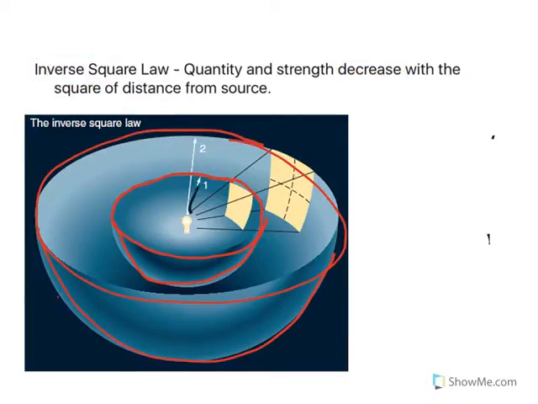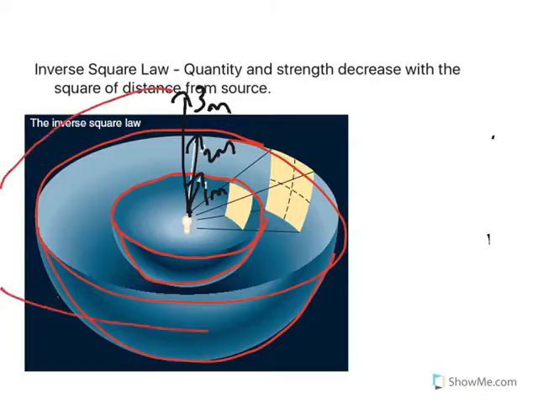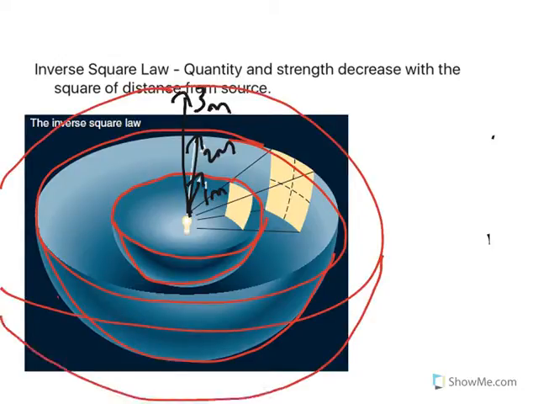Now let's say we don't look at the square at 1 meter and we don't look at the square at 2 meters, but let's say we create a hemisphere at 3 meters. So we're going to draw another hemisphere here at 3 meters. And we want to find the brightness at the third hemisphere compared to the brightness at the first hemisphere.